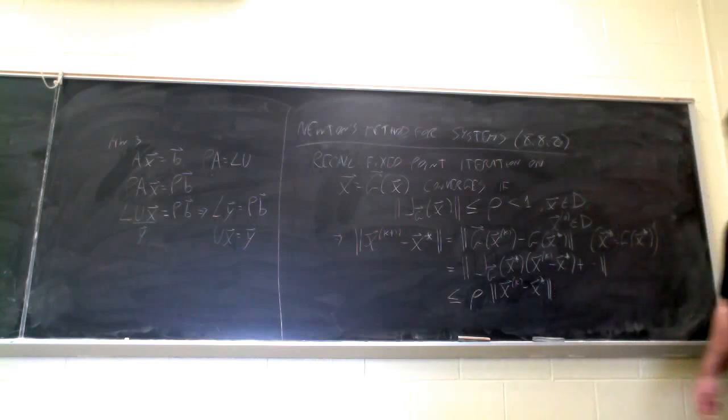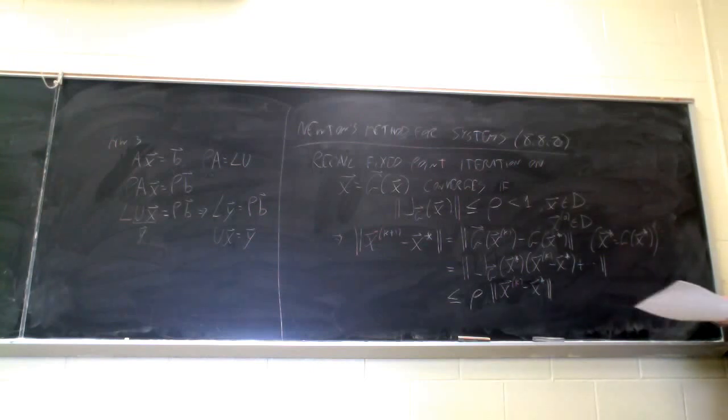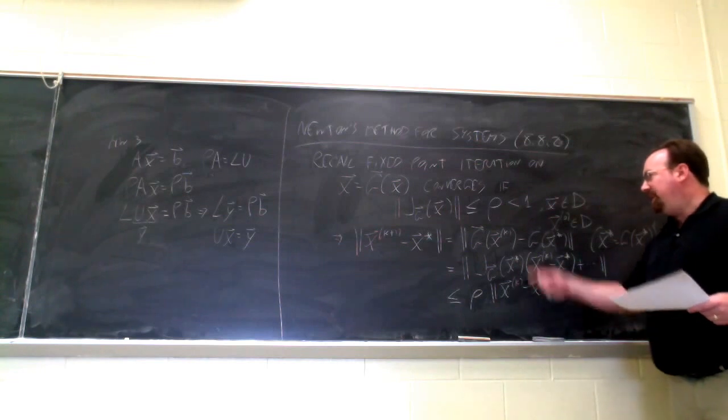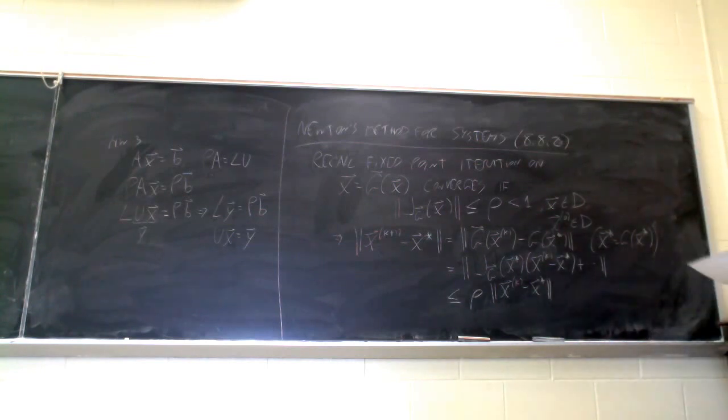From one iteration to the next, the error is decreasing by a factor of rho, and since rho is less than 1, the error keeps going to 0. This is a natural analog of the single variable case from last semester, where instead of vector and matrix norms we just had absolute values.